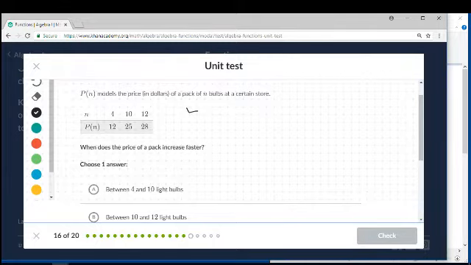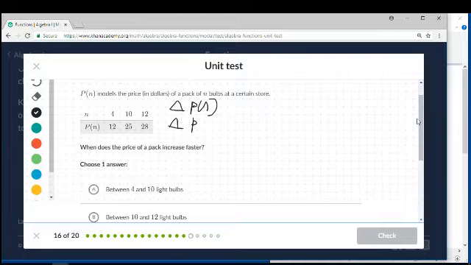From 4 to 10, we have an increase of 6, and then we have an increase of, let's do, so our increase in price is going to be the change in P of n over the change in n.